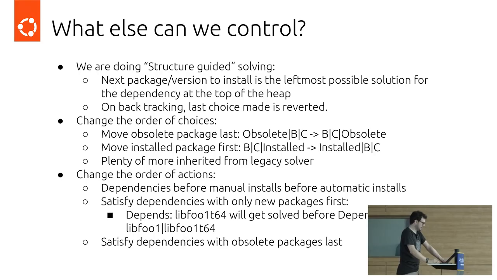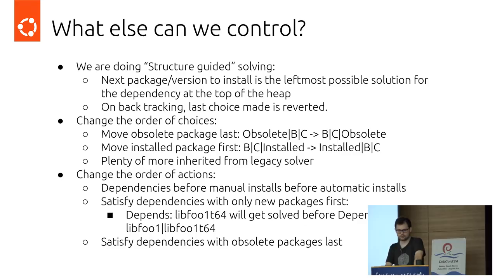And in the same vein, we can reorder obsolete packages to the last, to the end of the OR group. And obsolete packages here is defined a bit more loosely than maybe in other contexts. So one definition of obsolete was the package is no longer in the repository.